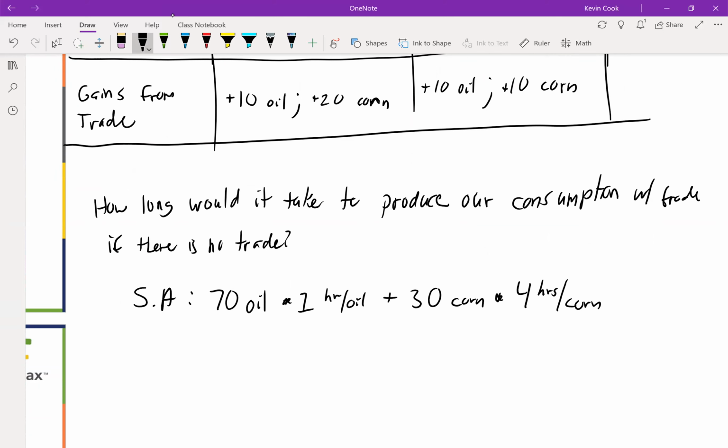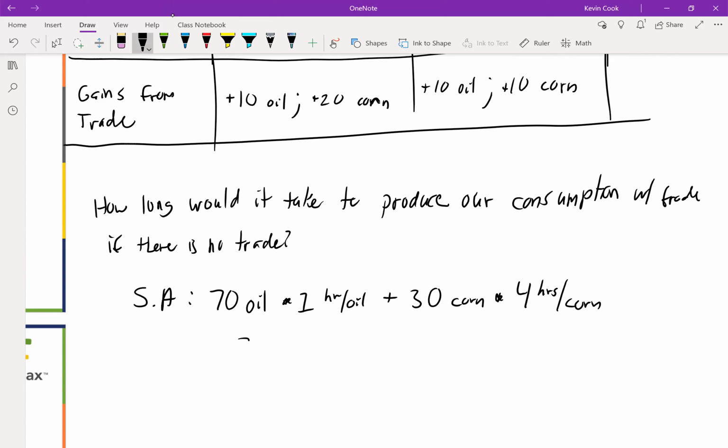And if it helps you as you're working through math problems, feel free to put your labels on and stuff like that, because it could help you keep stuff straight. So when I think about Saudi Arabia, they have 70 oil times 1 hour per oil.